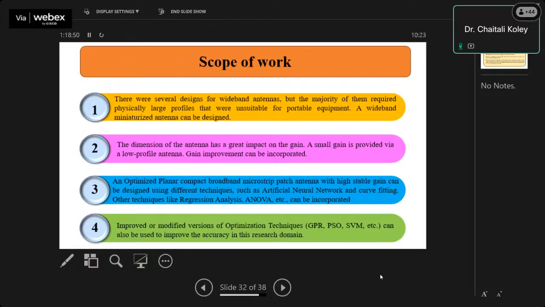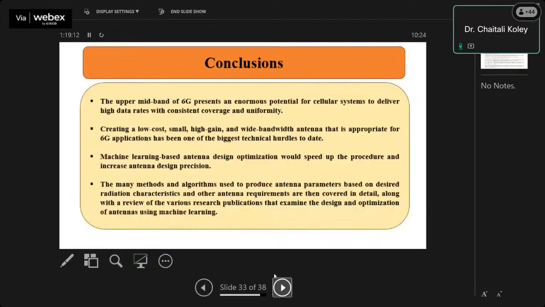For all this optimization, we can utilize different ML algorithms like regression analysis or ANOVA, and we can also apply different hybrid techniques to get optimized results.